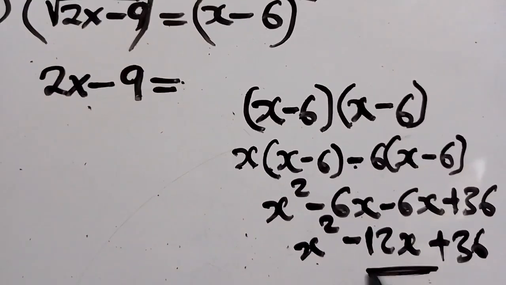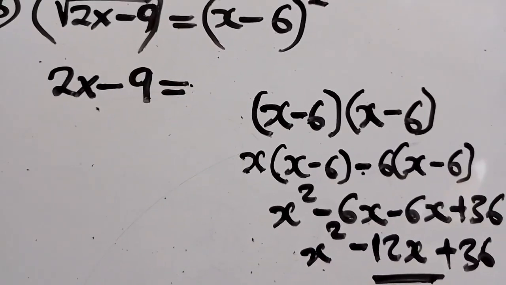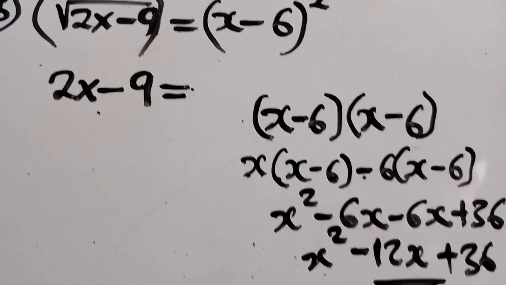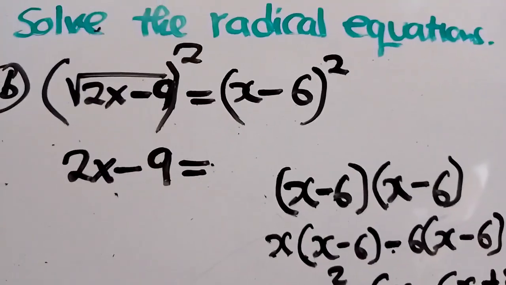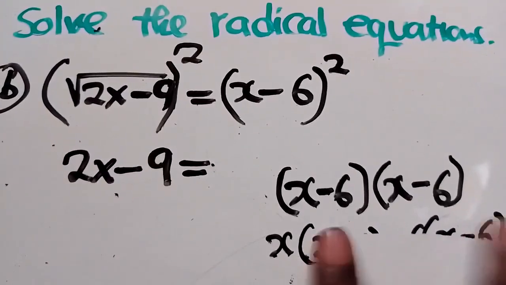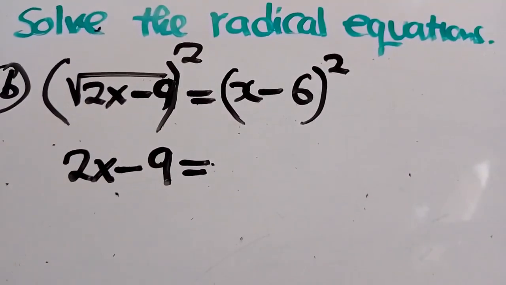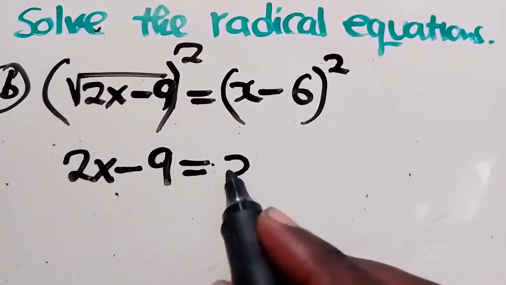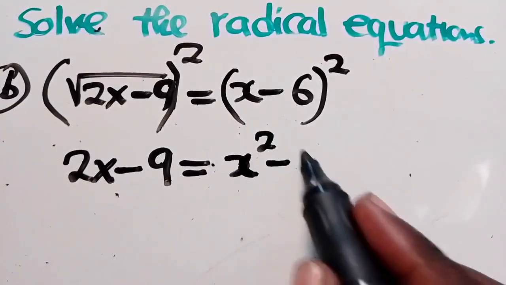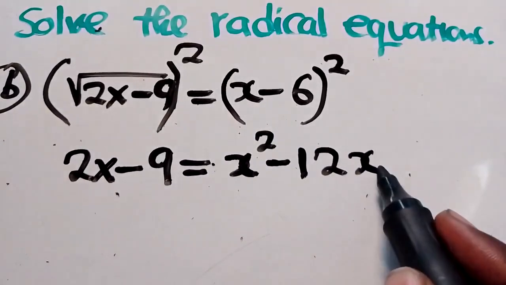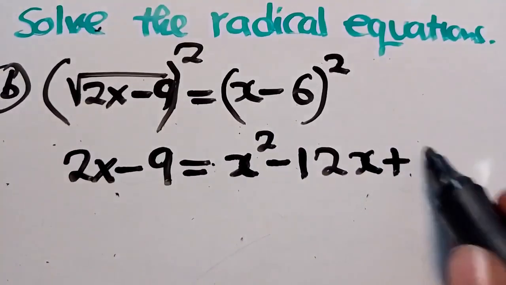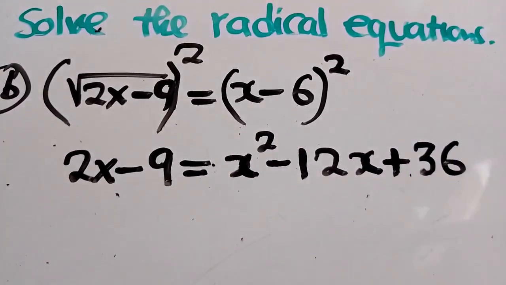This is the answer you've gotten. This is the longest cut you can ever use in an exam. But if you know how to apply the binomial, you can make things very easy for you. So the answer is x² − 12x + 36.